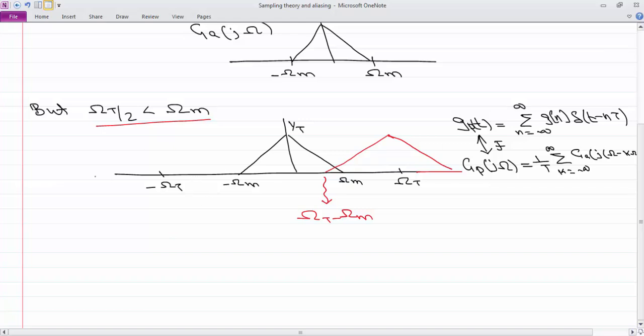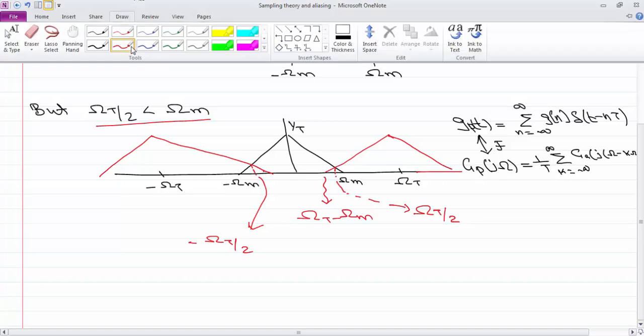And similarly, the endpoint of this will cross over into your first copy here also. And where they cross, this crossing point will be exactly omega t by 2, and this crossing point will be minus omega t by 2.